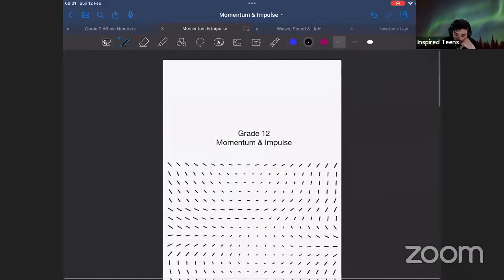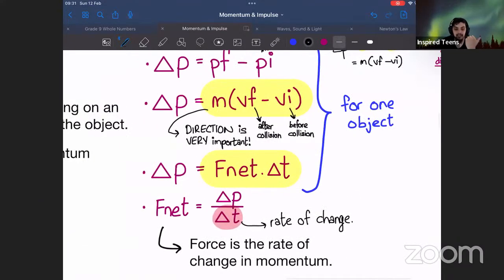What I mentioned here was that if you're putting delta T in the denominator, you are describing the rate of change of whatever is in the numerator. So in this case, it's the rate of change of momentum. Sorry, rate of change of impulse.